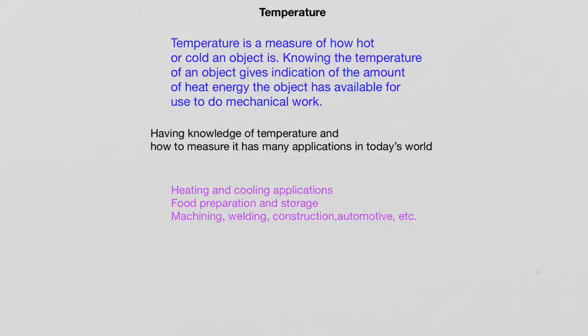Knowledge of temperature and the consequences for heat energy availability has applications in heating and cooling, both industrial and household, food preparation and storage, and in technology in general: machining, welding, construction, automotive, and so on and so forth.